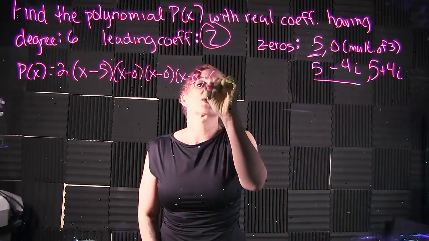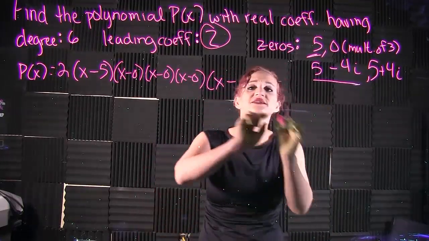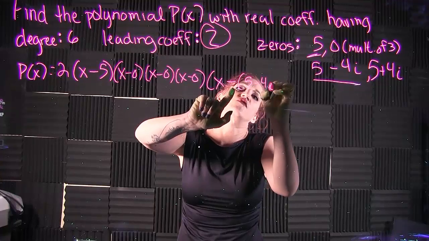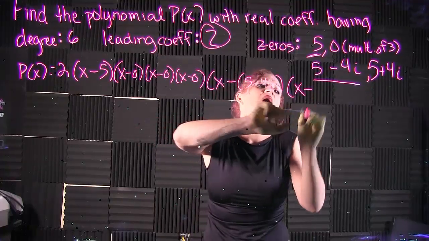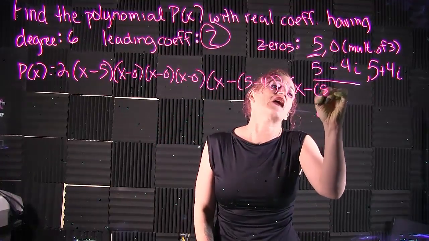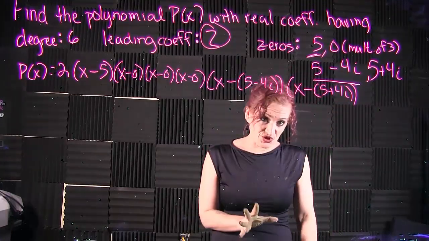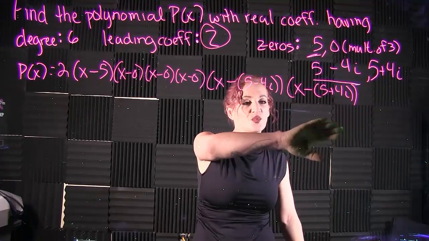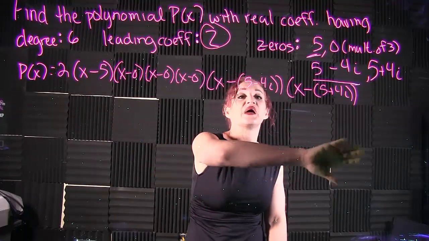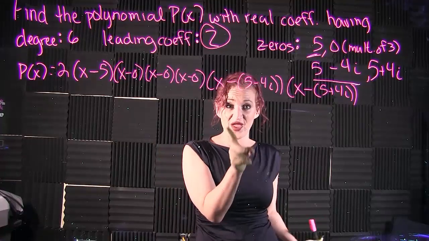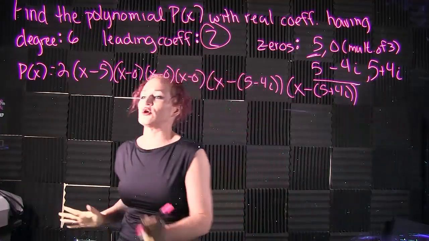So we're going to plug in x minus the 5 minus 4i. And then we also have x minus the 5 plus 4i. Now, in order to get your polynomial function, we are going to need to simplify and multiply this entire thing out together. So let's try and get that done here.